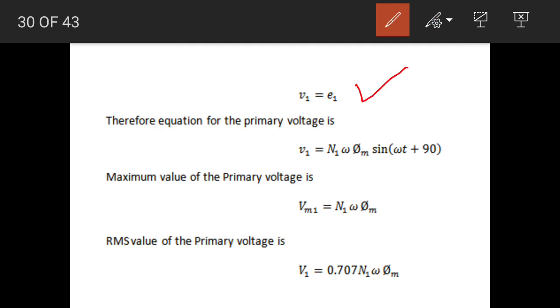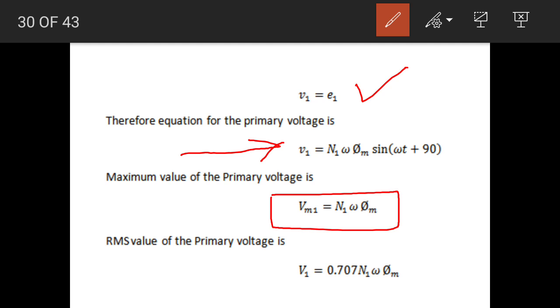So V1 will be equal to N1 into omega into phi m into sine of omega t plus 90 degree. So V1 leads the current I1 by 90 degree. There is a phase difference of 90 degree between the current I1 and the voltage across the primary winding. So here is the maximum value of the primary voltage.